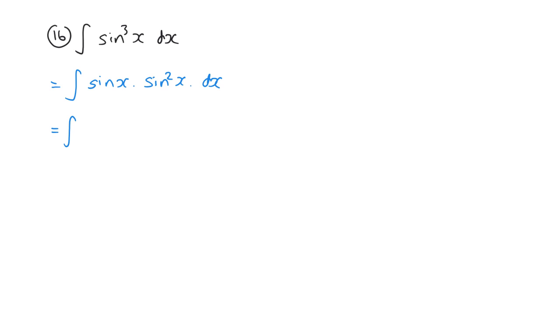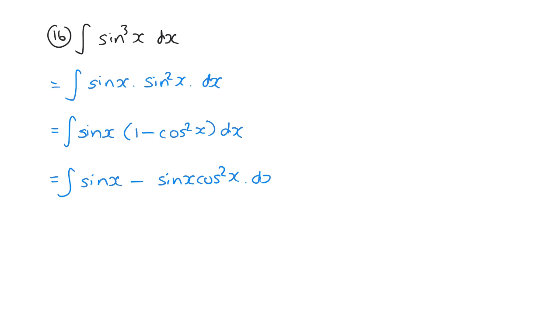Then we know, you've known for many years now, that sine squared plus cos squared is 1. So we can write that as 1 minus cos squared x. Multiply out our bracket. And then take each term in turn.